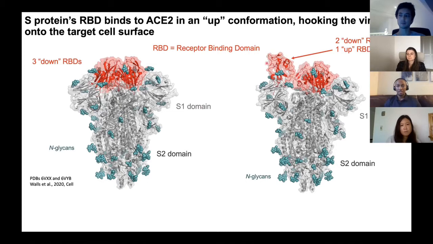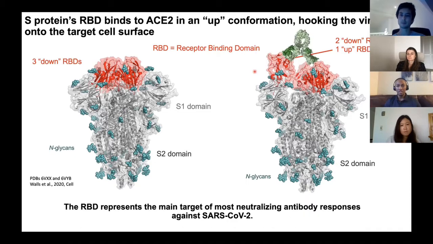Because of this conformational change and inability to mask this region in the up conformation, the RBD is one of the main targets for most of the neutralizing antibody responses. Because if you can block this interaction with ACE2, then obviously you can help neutralize the virus.